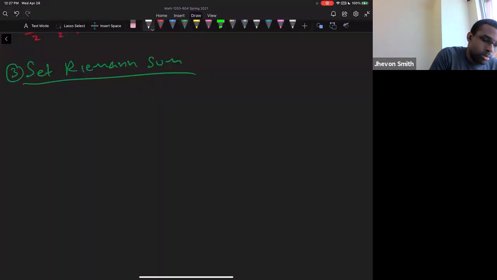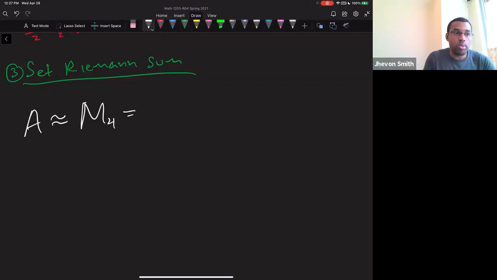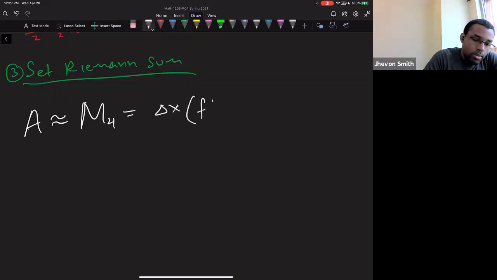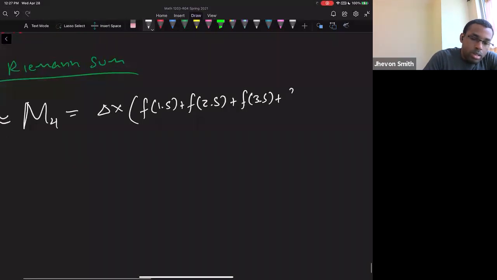Right, so this approximation is called M4 because I use the midpoint rule with 4 rectangles, and we're going to have delta x times f of 1.5, f of 2.5, f of 3.5, f of 4.5.